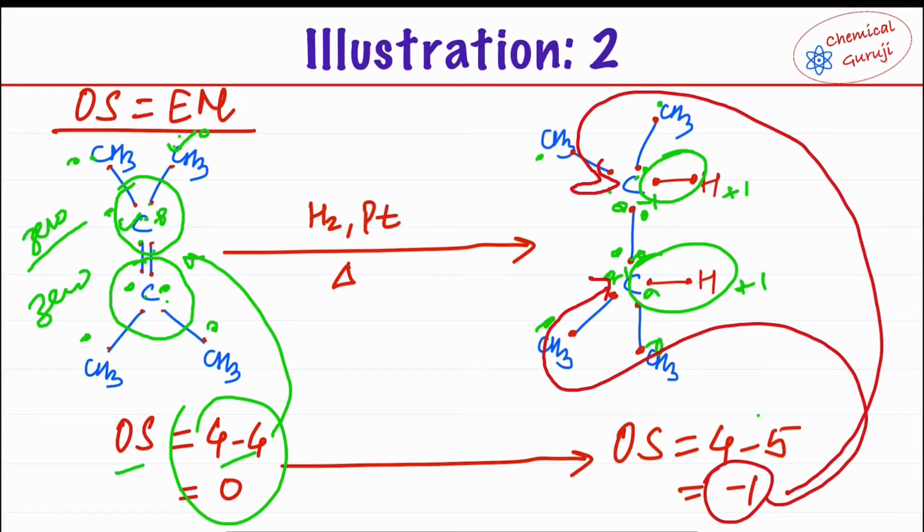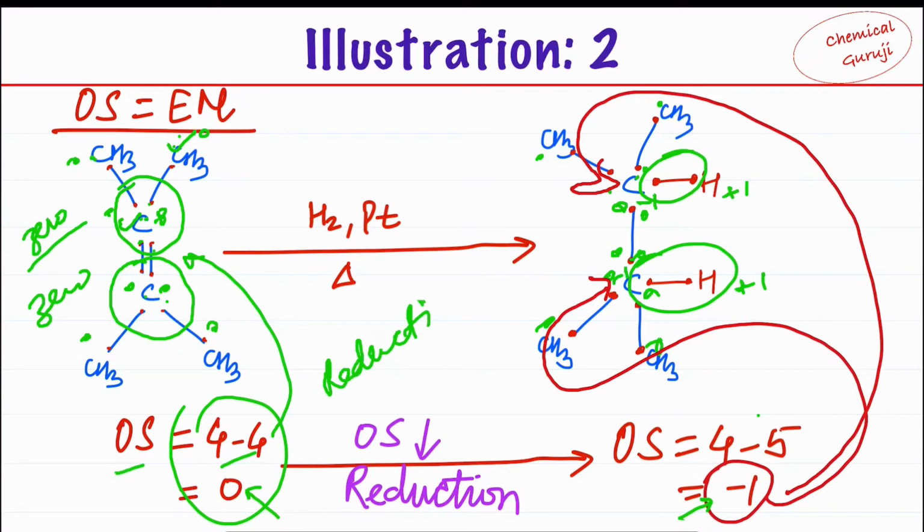So what we can see is that the oxidation state is changing under this process from 0 to -1, meaning it is getting reduced. So oxidation state is getting reduced, that means it is reduction. So I can say this reaction is a reduction reaction.